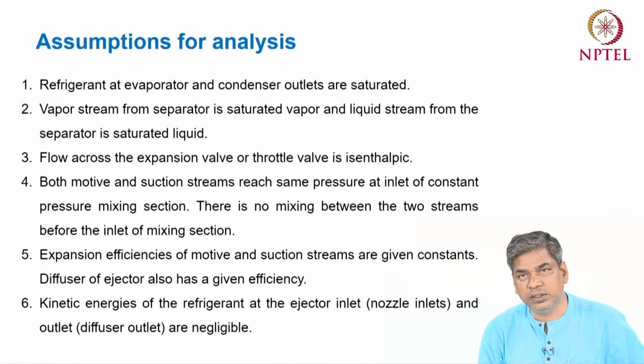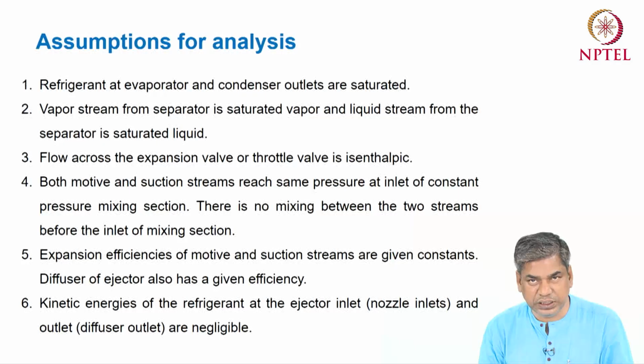The flow across the expansion valve, the throttle valve, is isenthalpic. Both the motive and suction streams reach the same pressure, the mixing pressure, at the inlet of the constant pressure mixing section, and there is no mixing between the streams before the inlet of the mixing section.